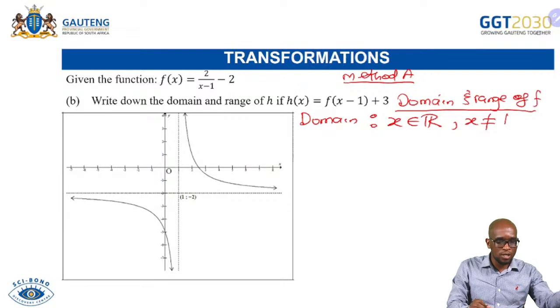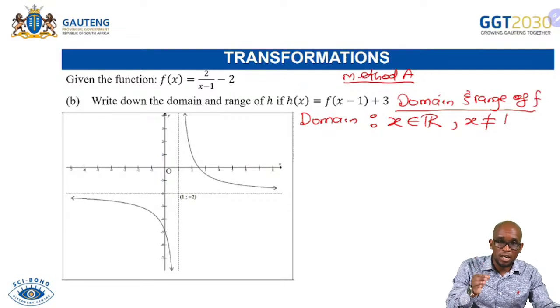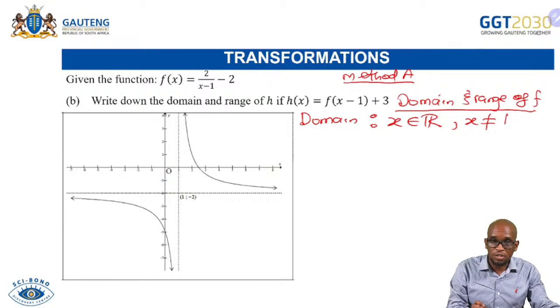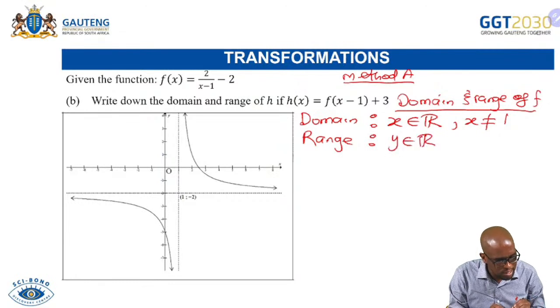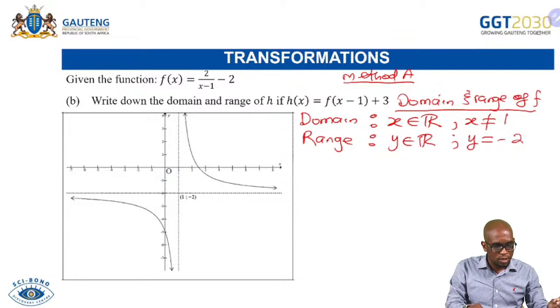It should take all real numbers except that asymptote, because the graph is not defined there. And the range, you take all real numbers from minus infinity to infinity, but y should not be equal to minus 2. That is the domain and range of f.